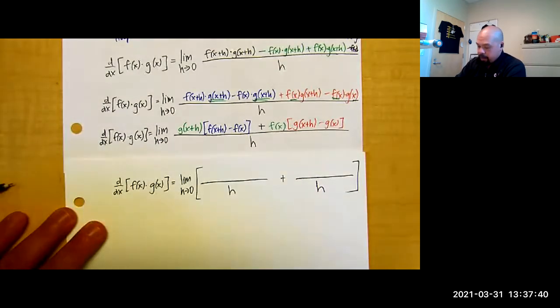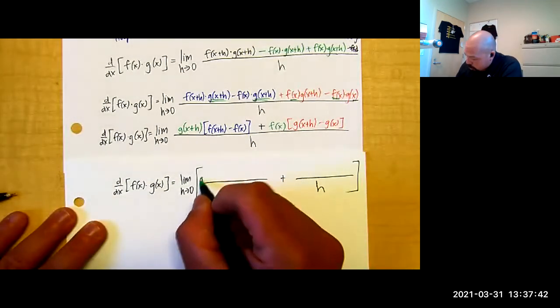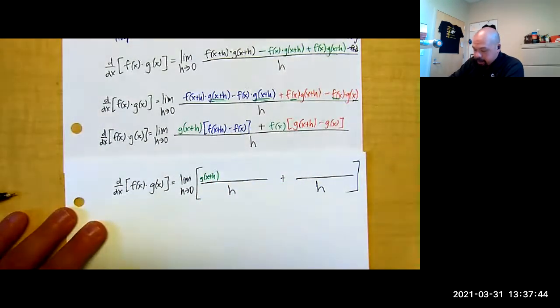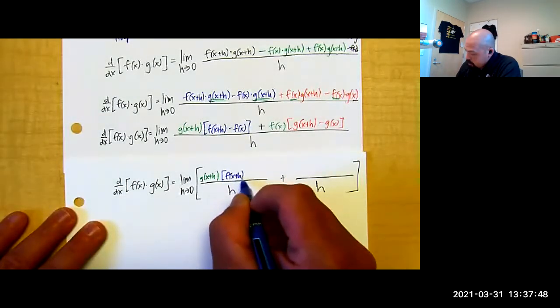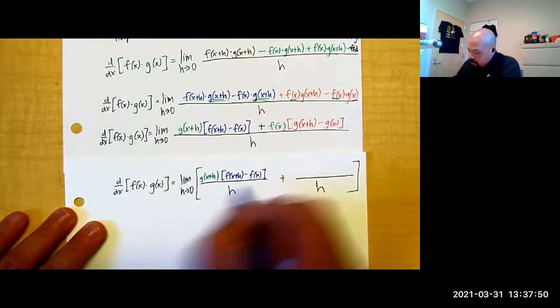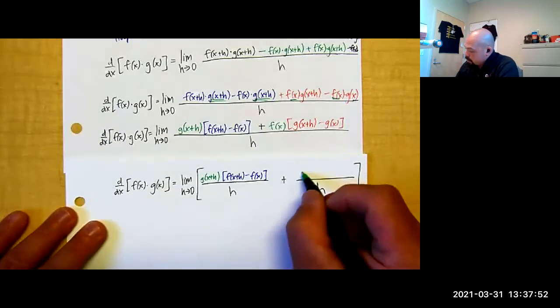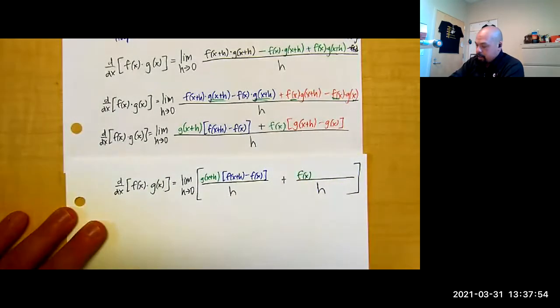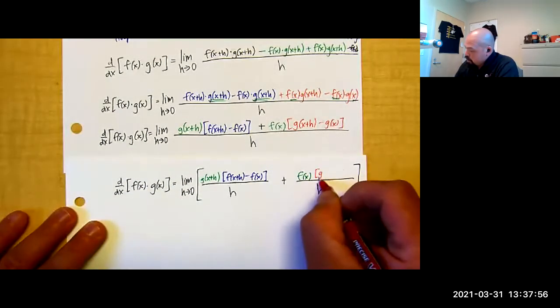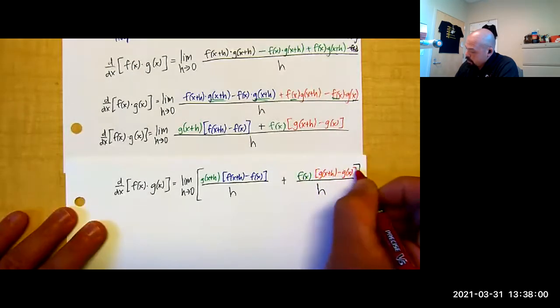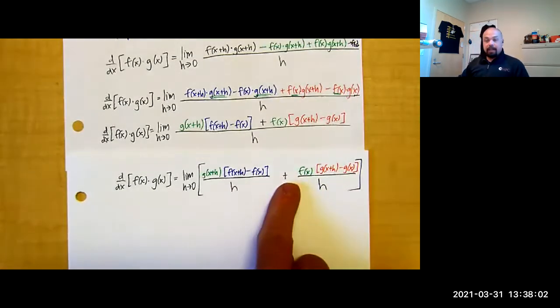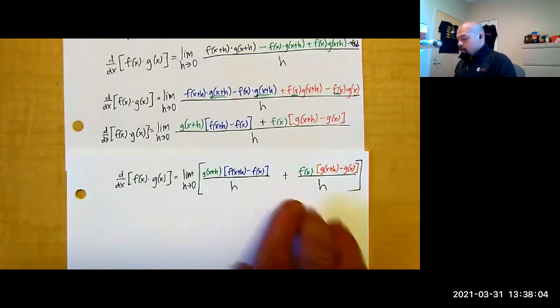But up top still again, g of x plus h times the f of x plus h minus f of x. On this side, our f of x times the g of x plus h minus g of x. All right, so separating that addition into monomials.